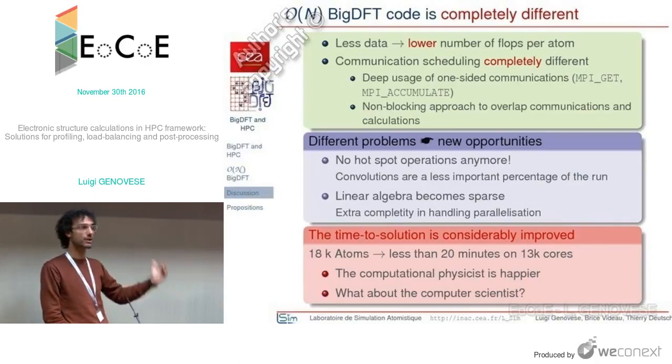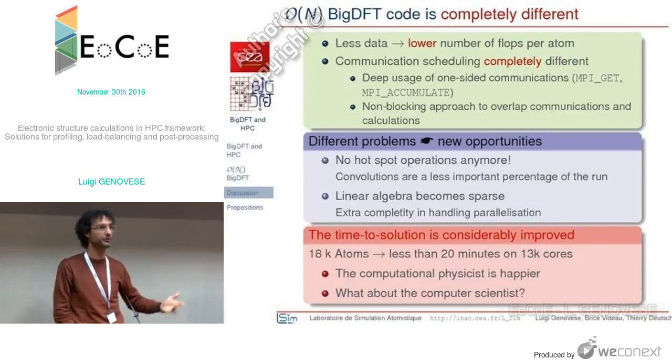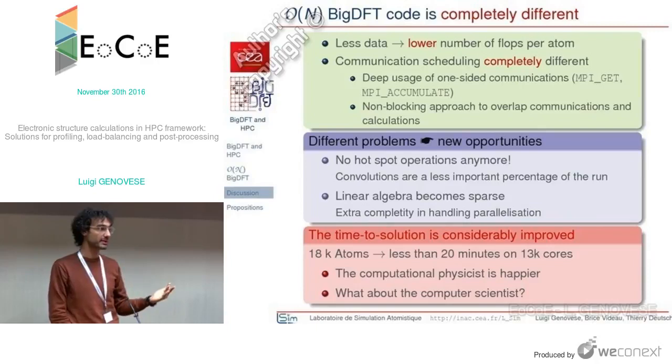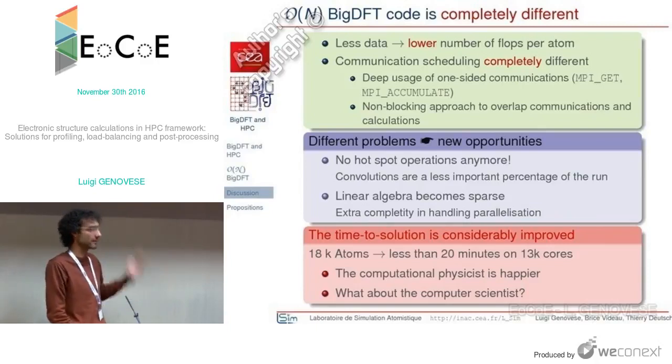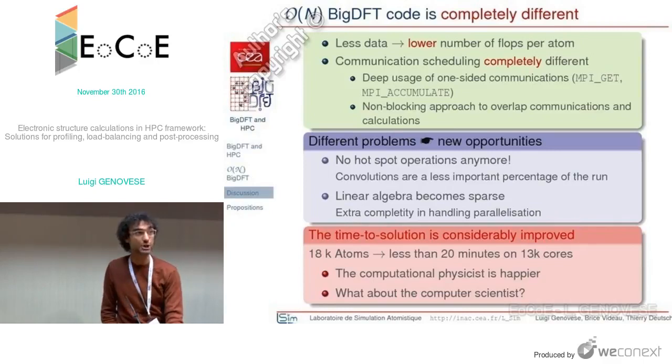So that is the way in which exascale has to be thought: not just filling the machine with number crunching for doing similar physics, but having new opportunities where the filling of the machine is maybe even more difficult, but new physics and new science is now accessible.